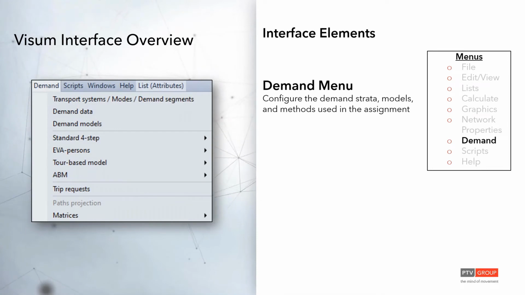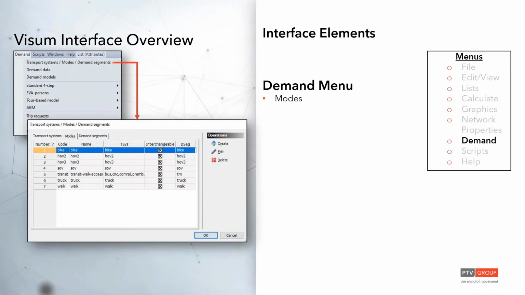All right, so the next menu item that we're going to look at is the demand menu. Once you have everything in place, all your network objects are in place, you can come to the demand menu to define your demand strata. And if you want to set up various models and methods to use in assignment and things like that, this is where you would come.